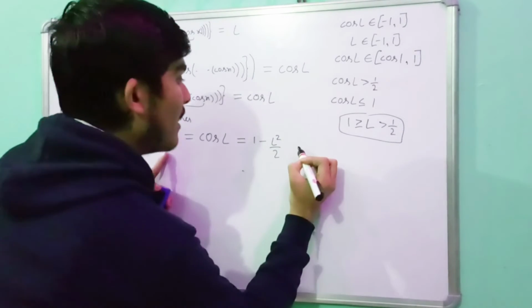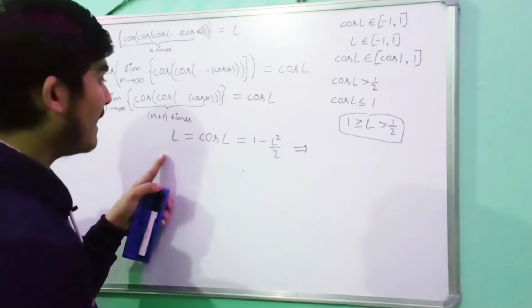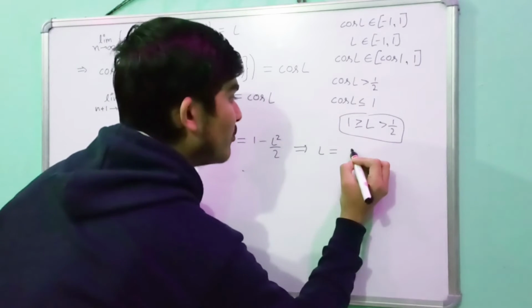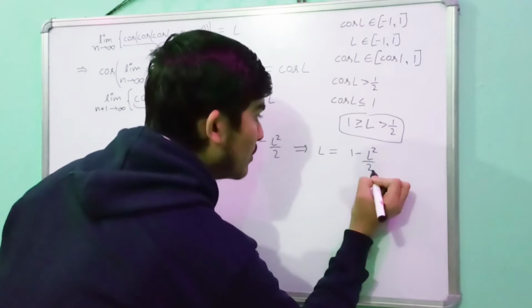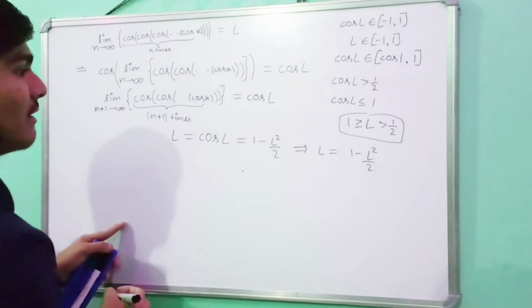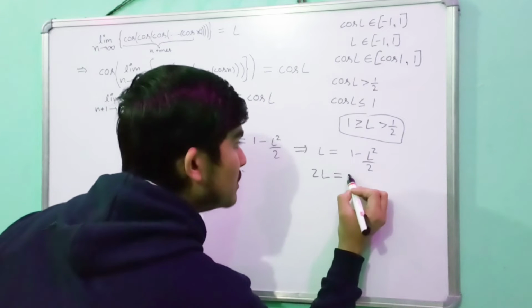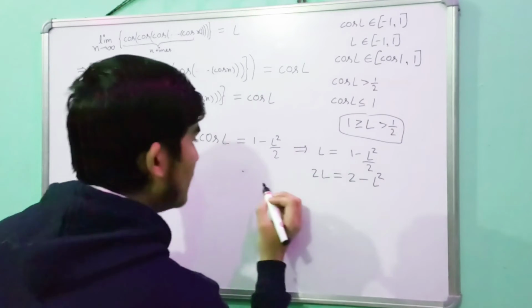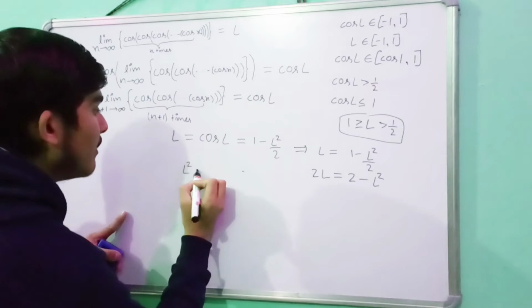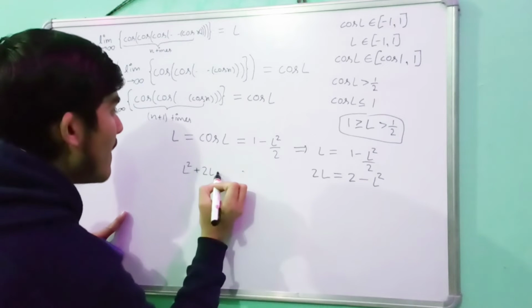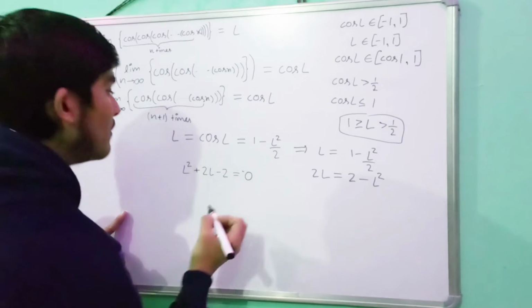And now from here, a very simple thing happens: L equals 1 minus L square upon 2. After multiplying by 2, I can say that 2L equals 2 minus L square, so L square plus 2L minus 2 is 0.